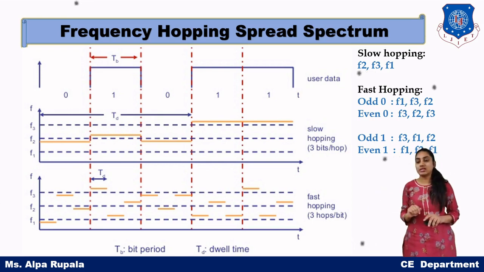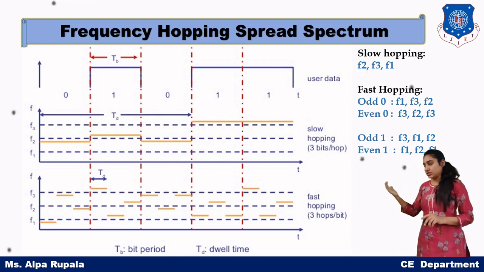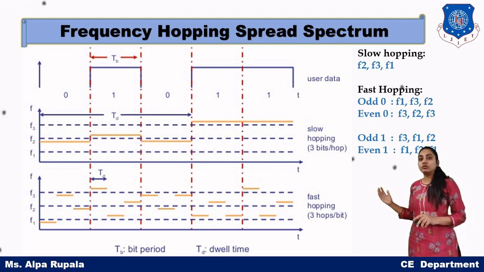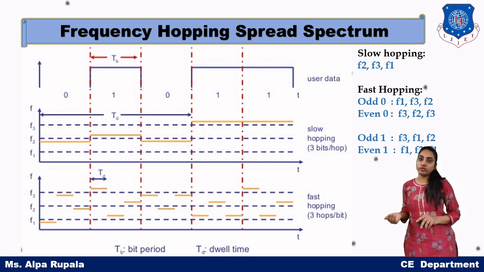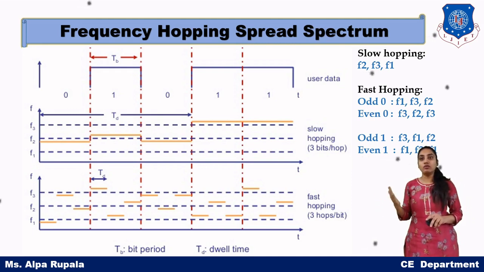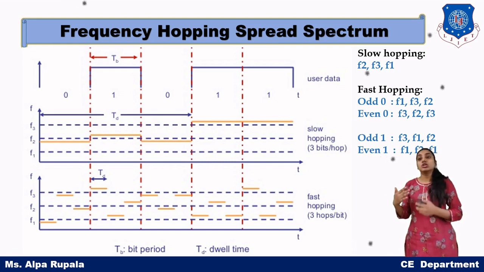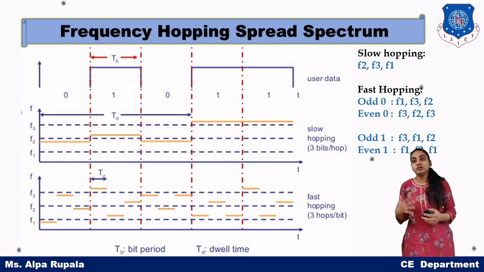For example, 0 1 0 will be modulated according to the F2 frequency, then 1 1 1 according to the F3 frequency, and any next data according to the F1 frequency.